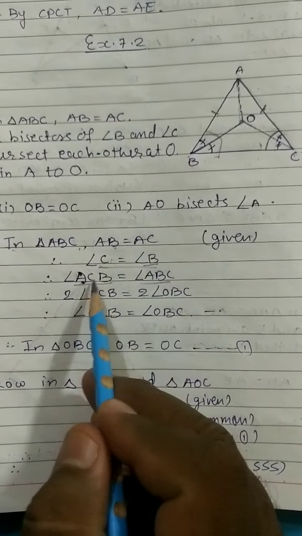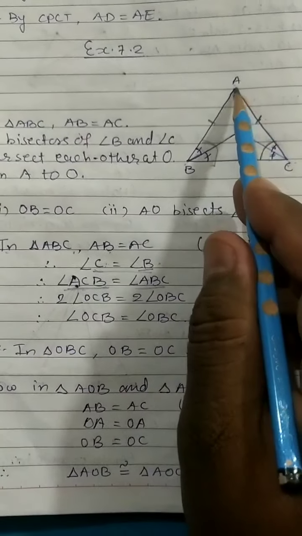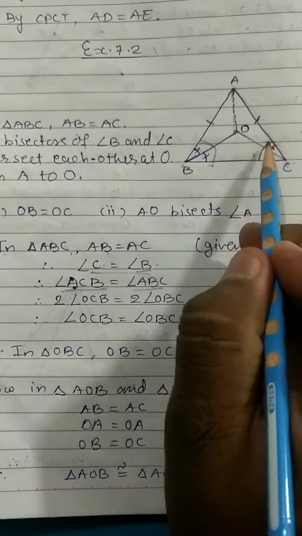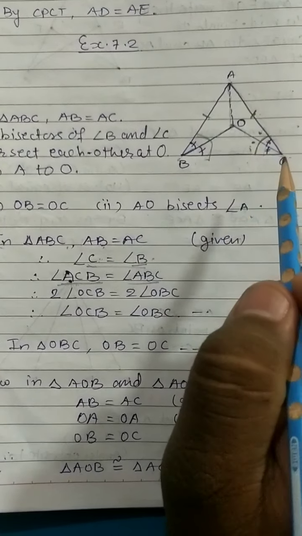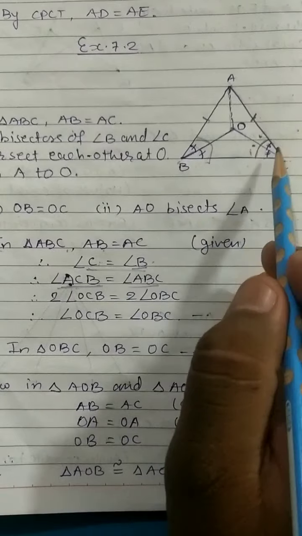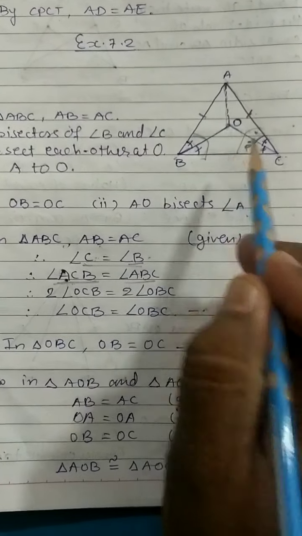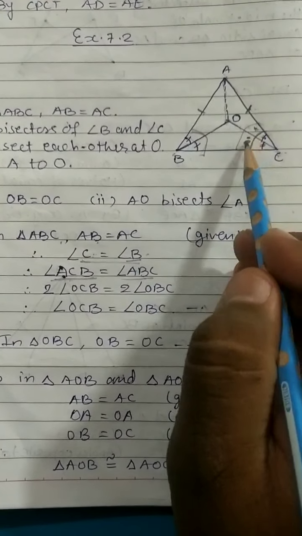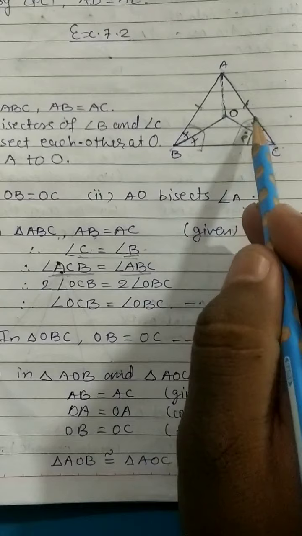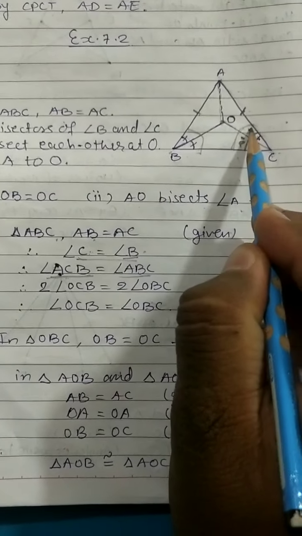Okay, now you can check, these two angles are the equal parts of this angle, right? So can I say that this whole angle is double of this angle? The whole angle, because both the parts are equal and they are exactly half of the whole angle, so the whole angle is exactly double of this angle as well as this angle.